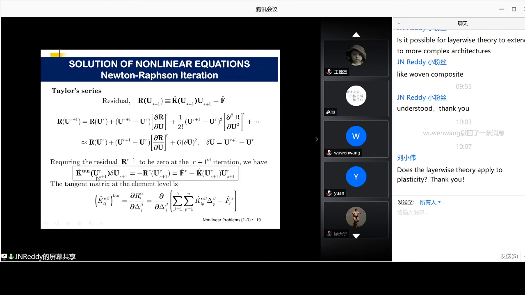So the tangent stiffness matrix is a new or additional effort you have to put in to determine for this Newton's method. And typically, if you don't update this at every iteration, but only update every 5 iterations or 3 iterations, that is called Newton-Raphson. Whereas if you update every iteration, it is called full Newton.